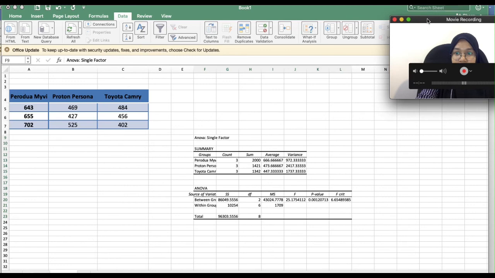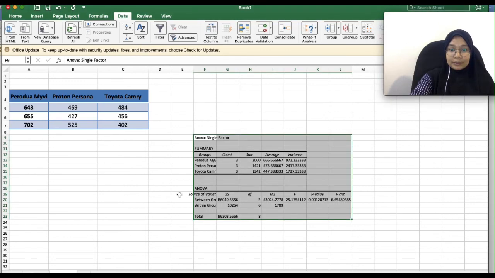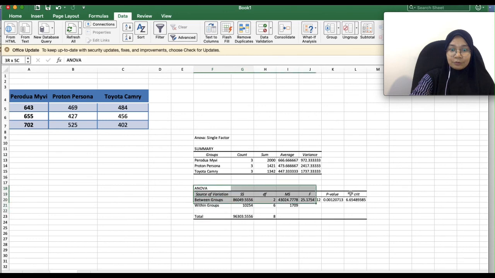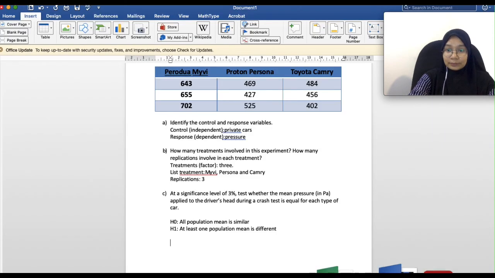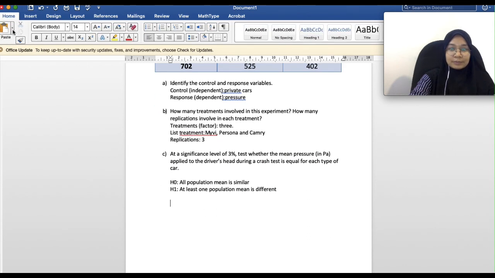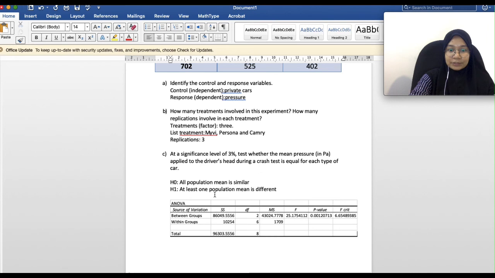Alright, so this is your Anova table. So you copy your Anova table here, put it into the Word. Paste as picture. Okay, so now we have the p-value.